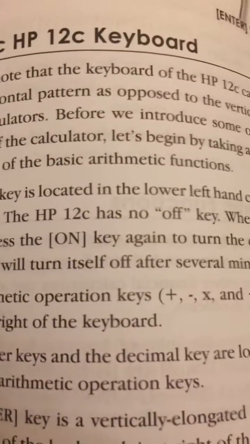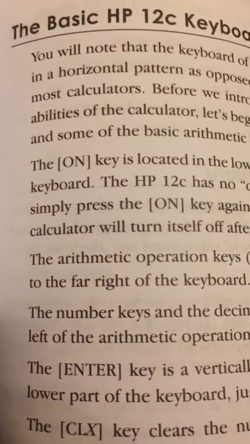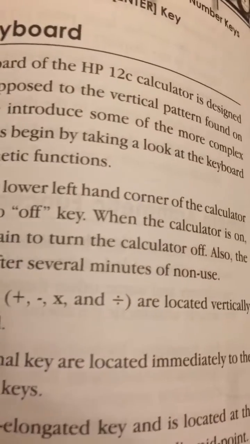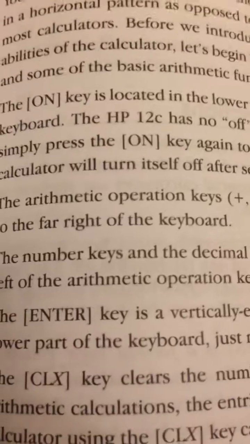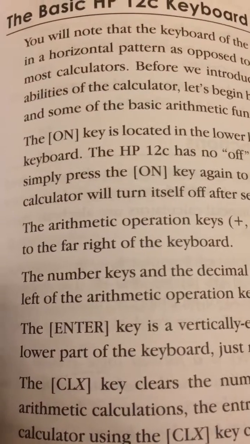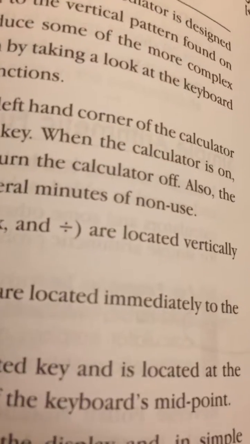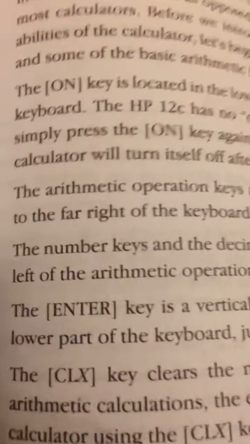Also, the calculator will turn itself off after several minutes of non-use. The arithmetic operations keys, plus, minus, multiply, and divide, are located vertically to the far right of the keyboard. The number keys and the decimal key are located immediately to the left of the arithmetic operation keys.